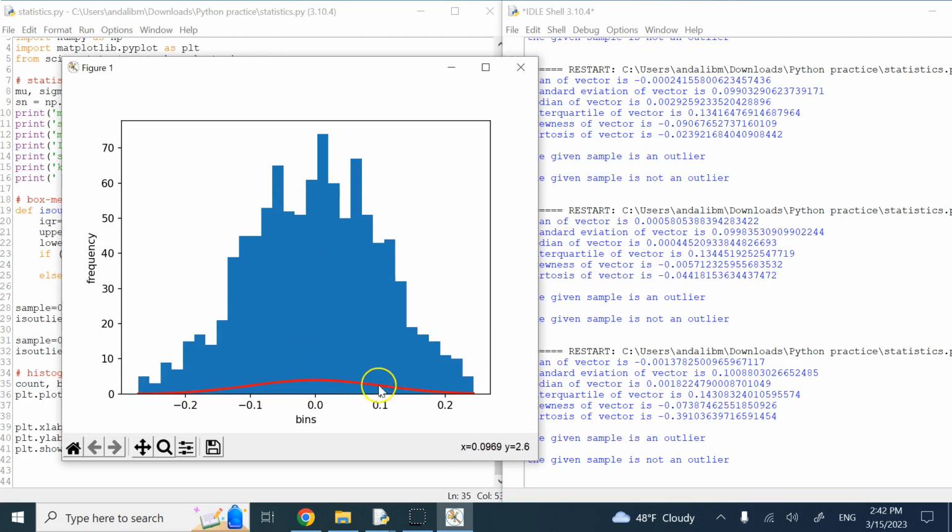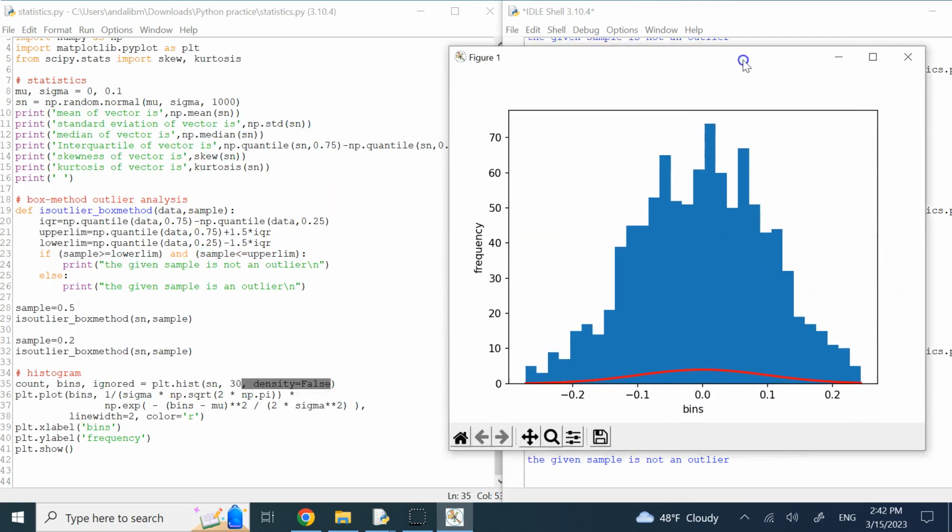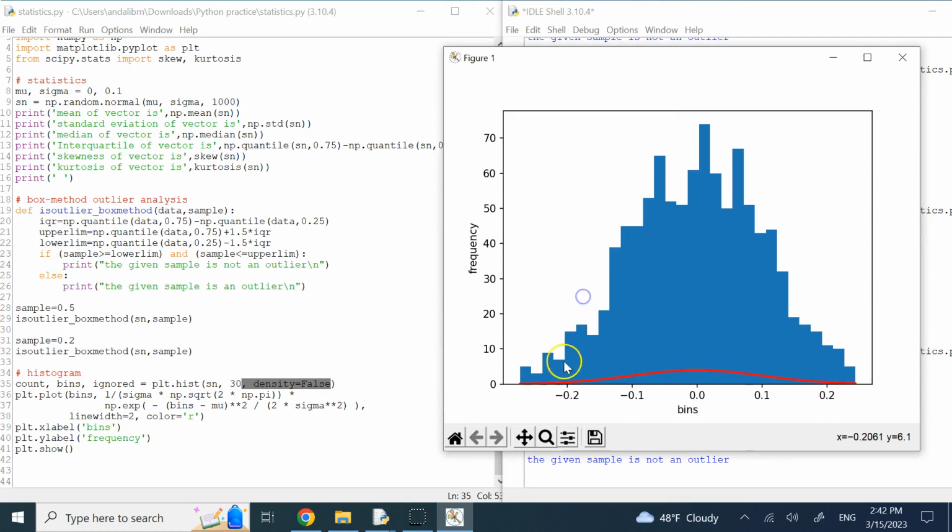For an ideal PDF, the area under the curve is 1, but for this histogram it is not. And if you look at the frequencies, they are going high up to 70 something and so on. And the area under the curve is not 1. So when we say make that density true, it means you have to divide these counts by a fixed number so that the maximum count that you have is not equal to 70 something, it's equal to what?